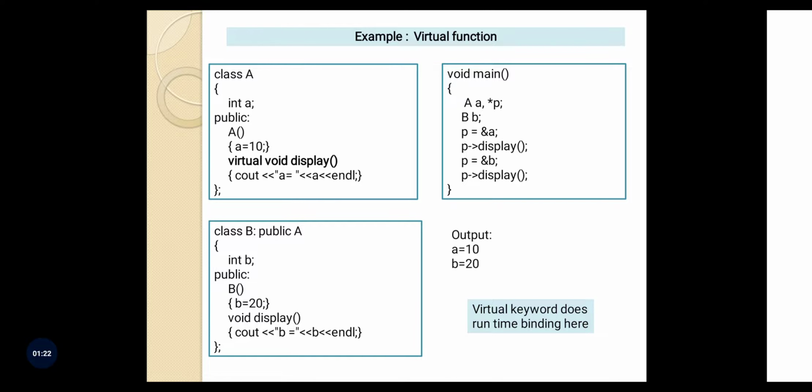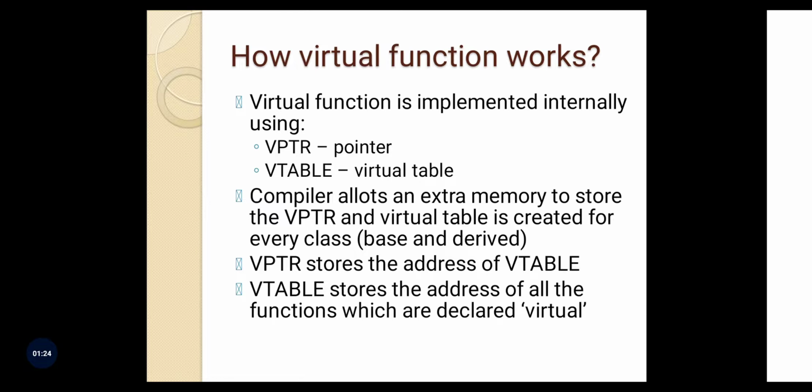Fine, so let's start. First, there are two important concepts that a virtual function brings. In order to implement a virtual function, two new concepts come into the picture. The first one is a virtual table, and the second one is a virtual pointer. Now, what exactly is a virtual table?